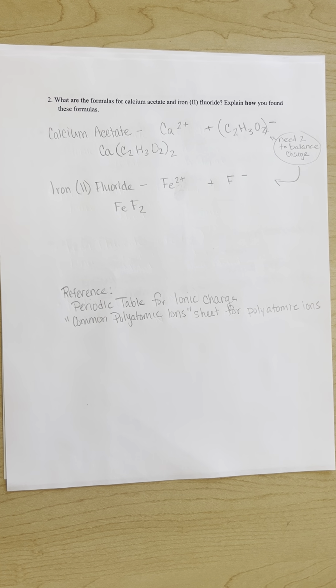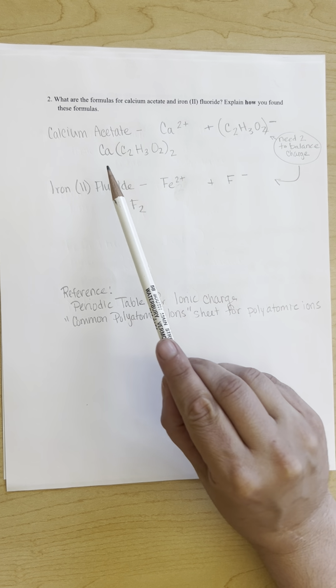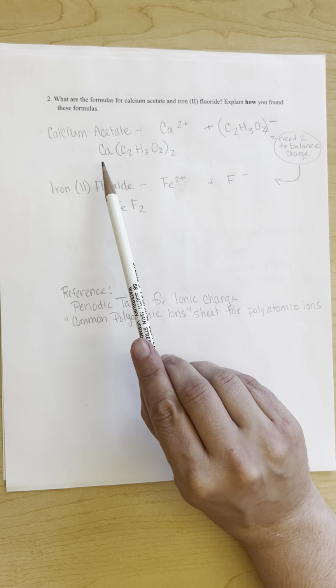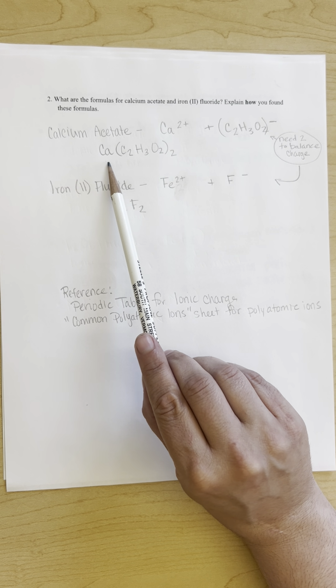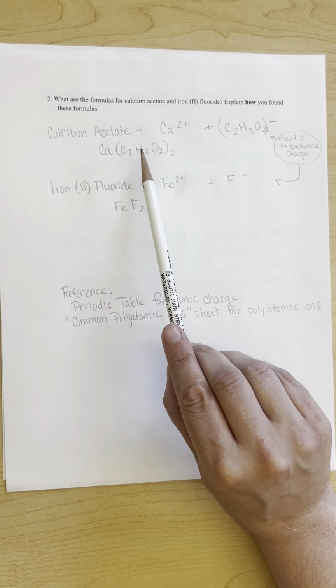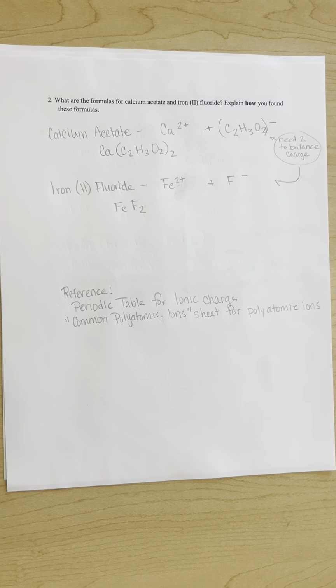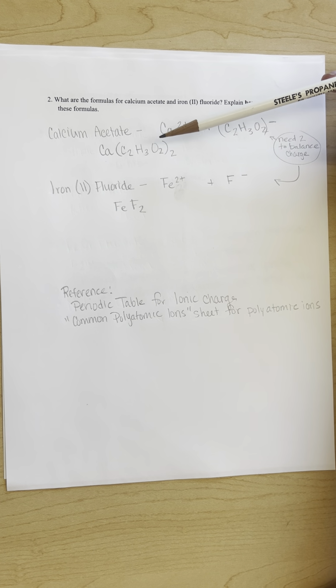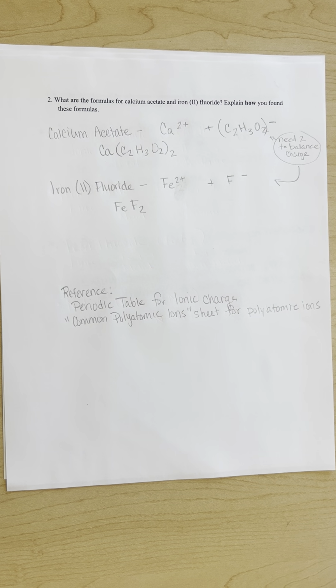So for the second question here, I kind of already had a little reference to this, but so the formulas for calcium acetate and for iron fluoride, and how we did this. So calcium acetate is going to be this equation here. So we have Ca for calcium, and then acetate, we are saying that that's C2H3O2.